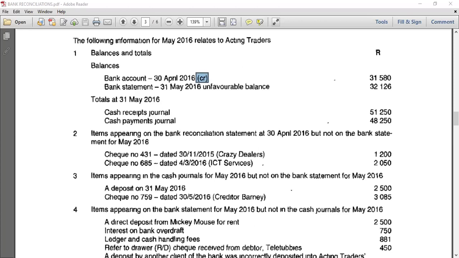Right. We start with the balance as per bank statement. We start with our balance as per bank statement.